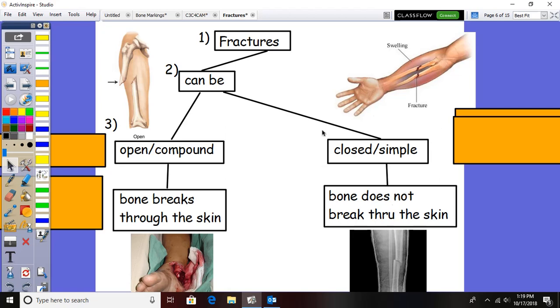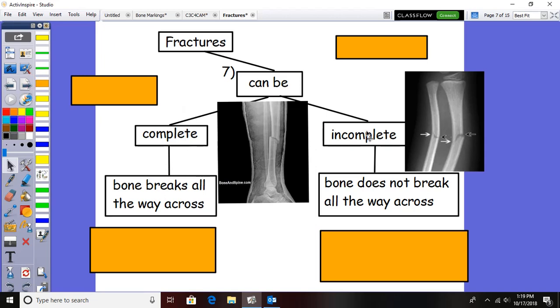So you might be picking one word from this page and one word from this page to describe a fracture in real life. Okay, so here you see that picture again. It's a complete fracture because it broke all the way through, but it doesn't look like it broke the skin, so we would say it's closed or simple.